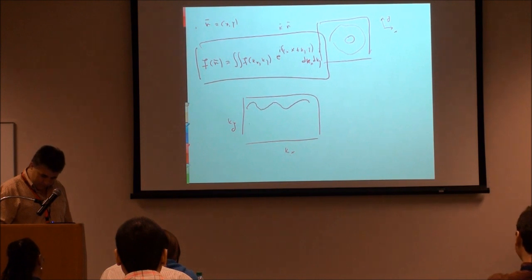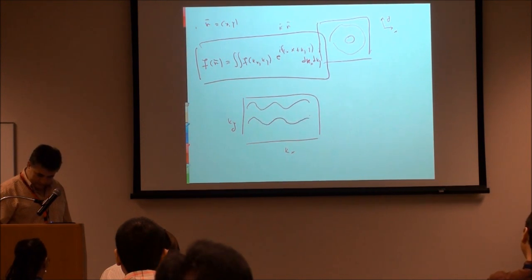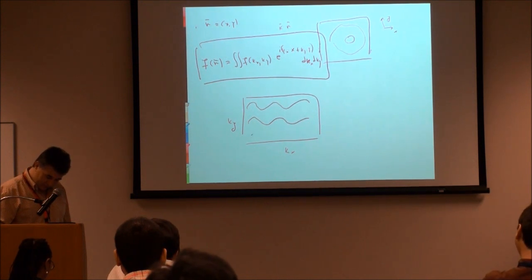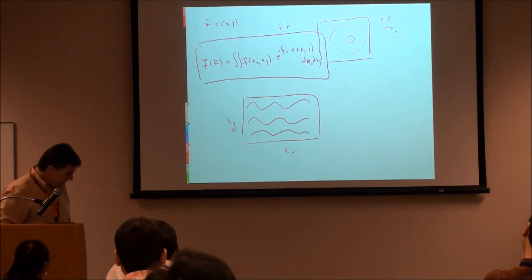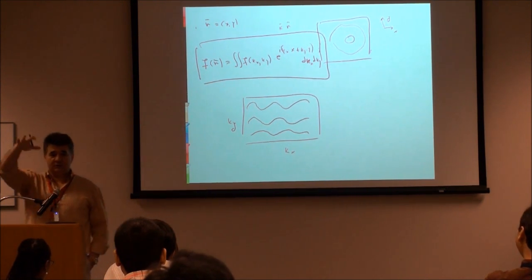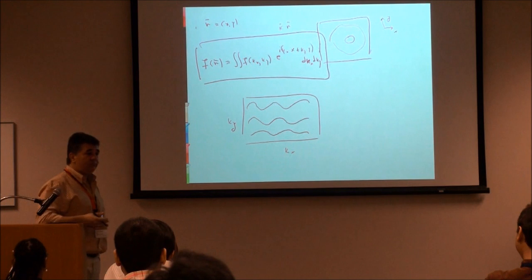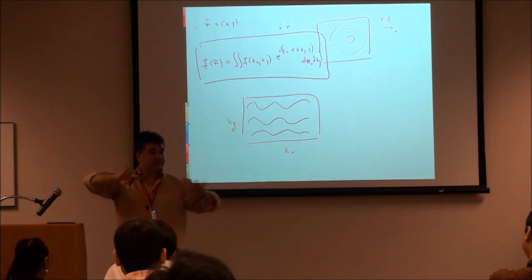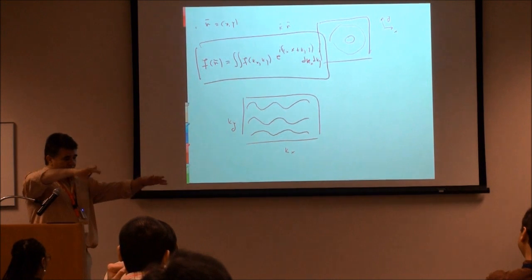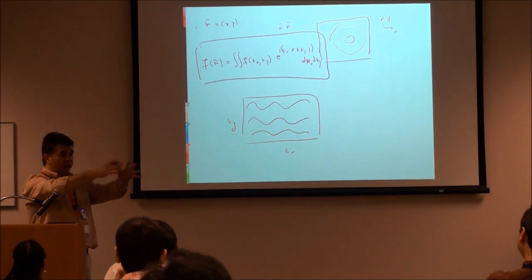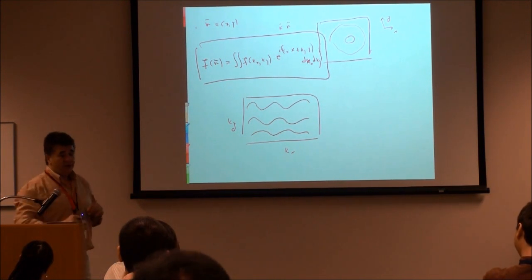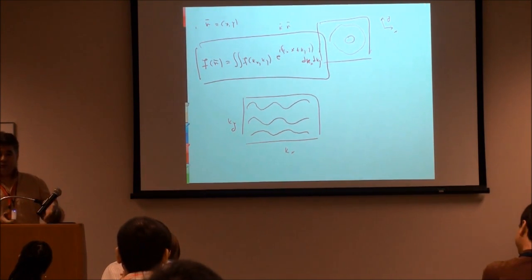I'm trying to kind of draw in 3D a little bit. It doesn't quite work, but you know when you are on the airplane and you look down on the surface of the ocean and you see these ripples? They're not perfect sinusoids, right? But you can think of them as a superposition of sinusoids going now not only in 1D, but they can go in 2D. Okay? So that's basically what I'm trying to draw here.